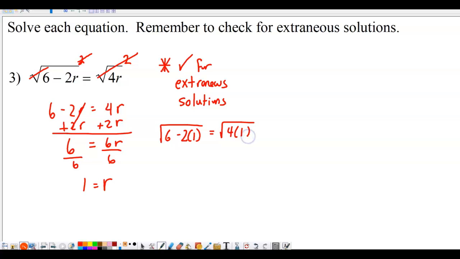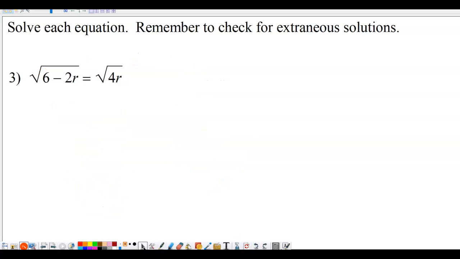It doesn't mean your answer can't be negative. It just means that you can't have a negative after you plug it in. And we don't, so that's a good outcome there. So the answer is r equals 1. All right? Here's one for you guys to try like that. Let's move on to number 5.